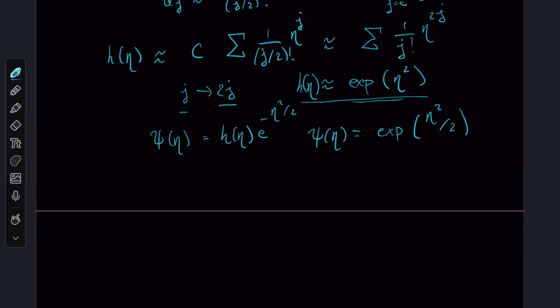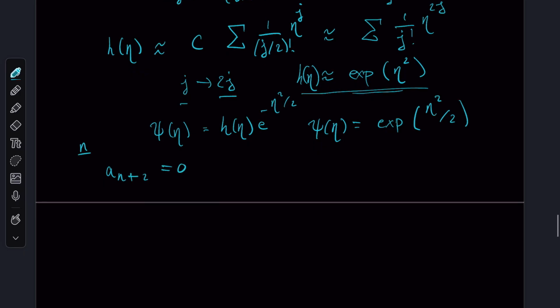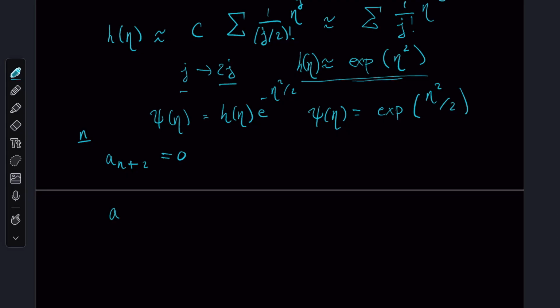And what that means is there should be some value, some j, we'll call it n, such that a sub n plus 2 is going to be equal to 0. Because we have our formula for a sub j plus 2, and I'll just write it again real quick.